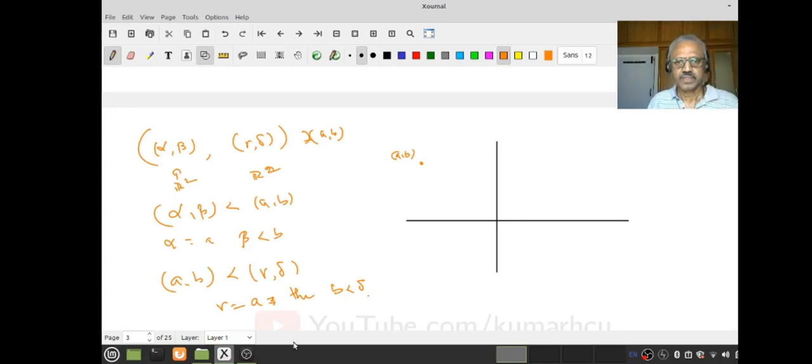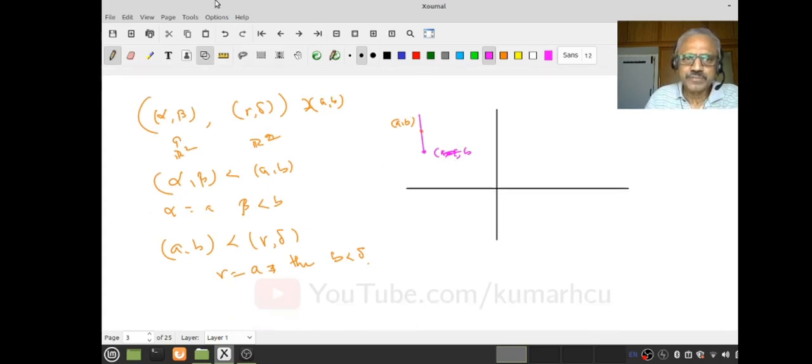So that means I can keep the first coordinate the same, namely a, and allow only the y coordinate to vary. I'm sorry, I want beta to be less than b. I'm keeping a fixed.